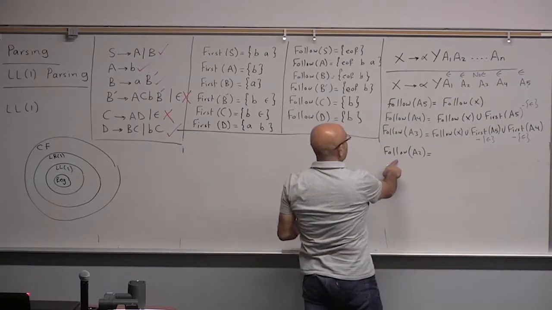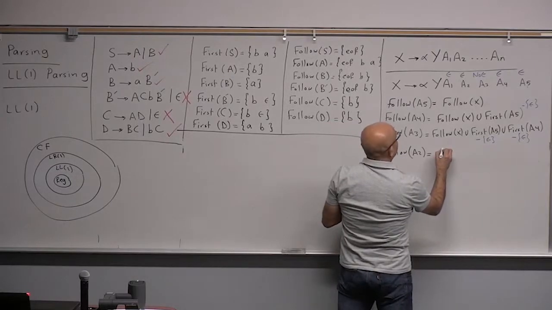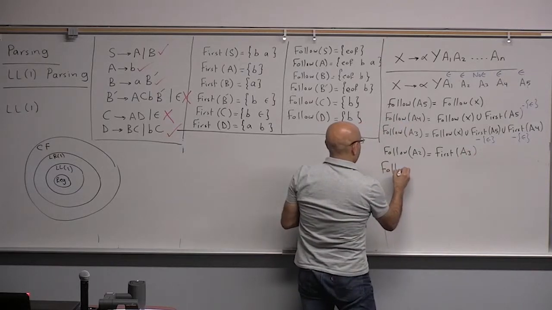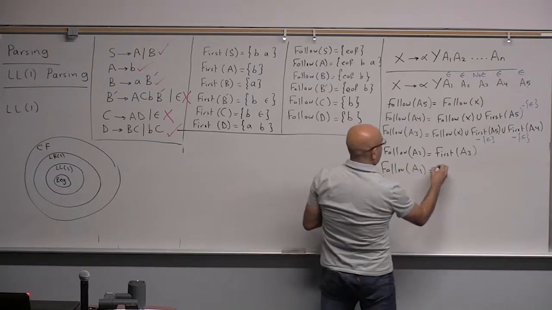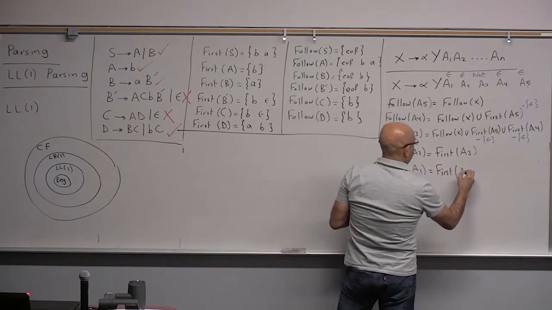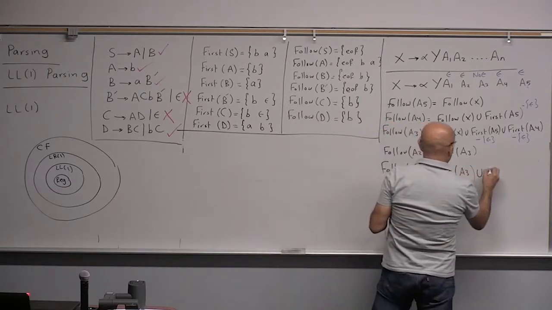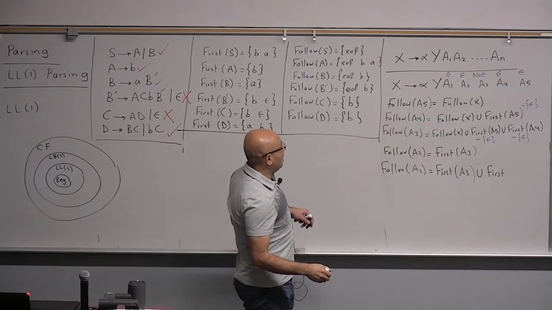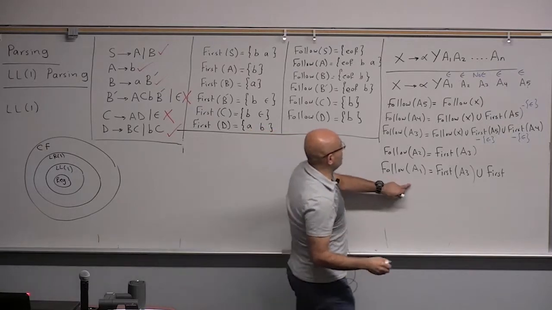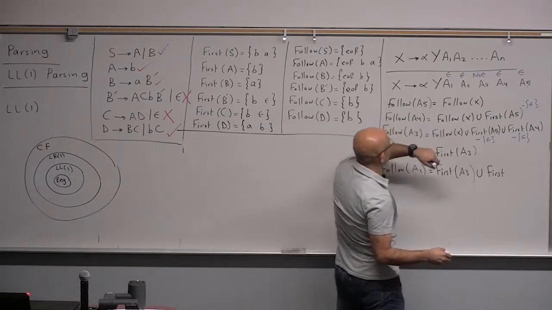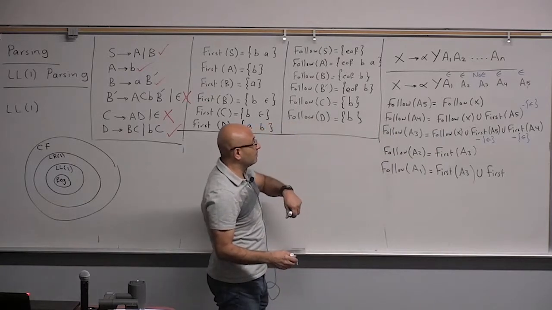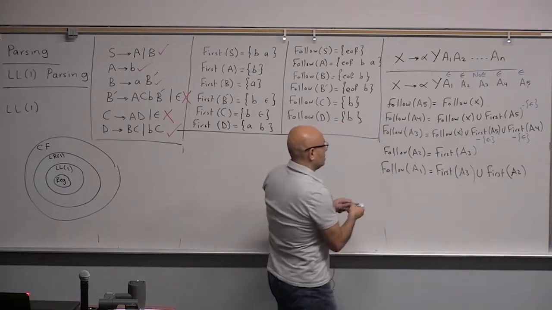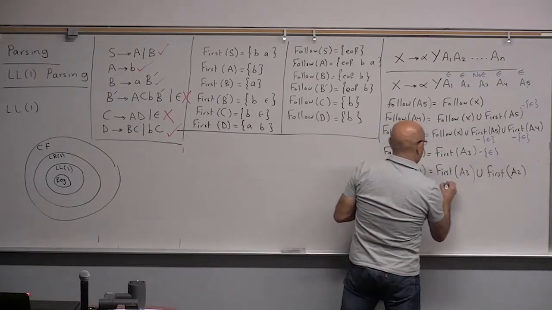And then the follow of A1 is going to be first of A3 union first of A2. Of course, everything here is minus epsilon.